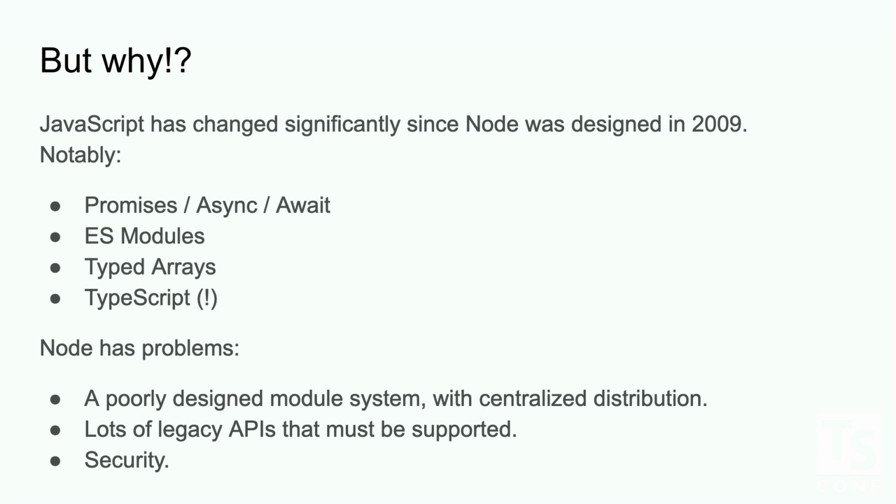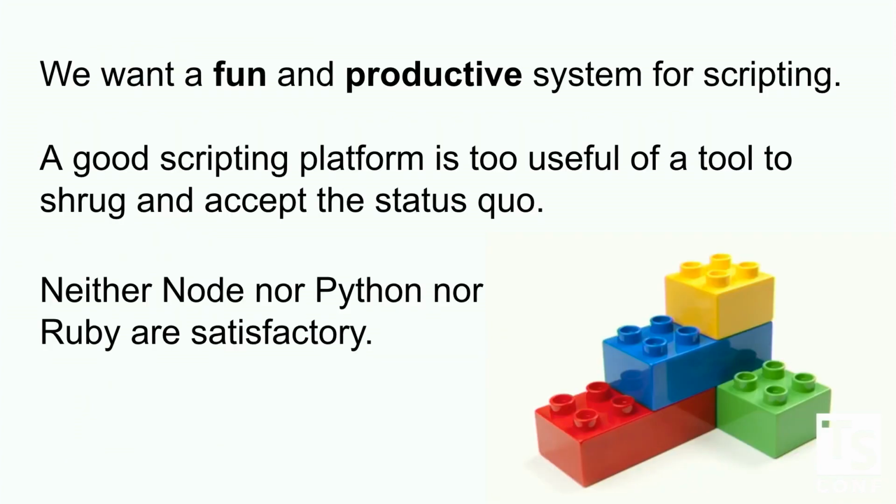V8 itself is a secure sandbox, for all intents and purposes. And Node has poked a bunch of holes in that secure sandbox to do system stuff, to open sockets, to read files and whatnot. And so when you're running a Node program, you lose any sense of security, right? Those programs need to be trusted in order for you to run them securely. But we can do better.